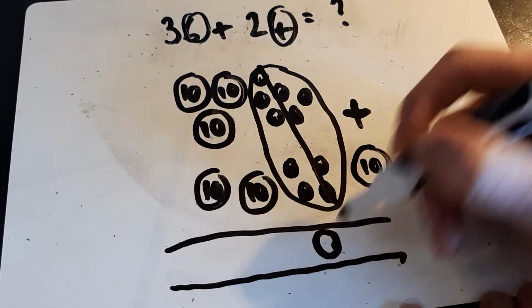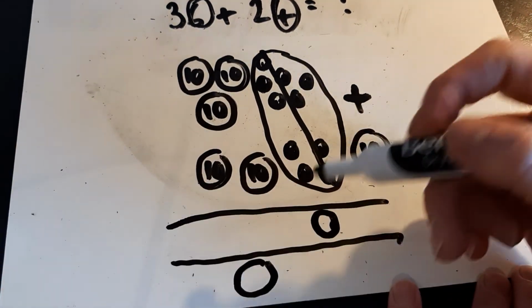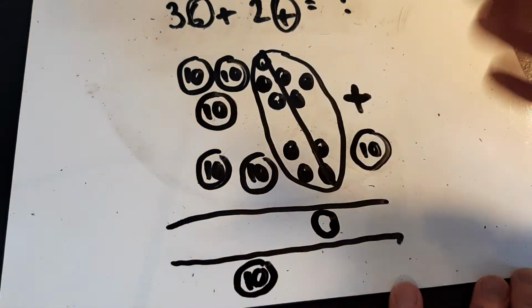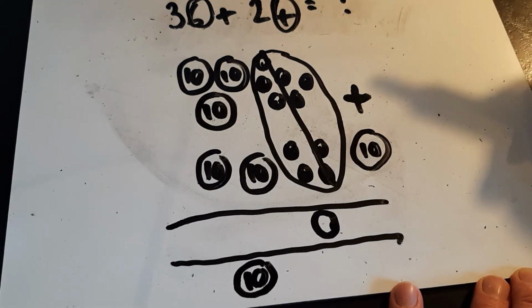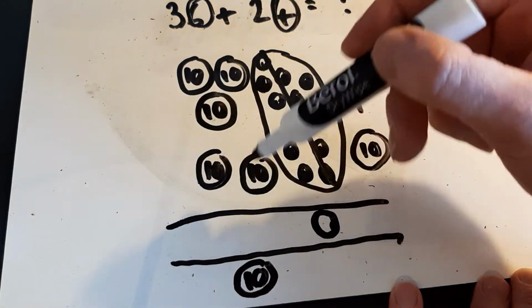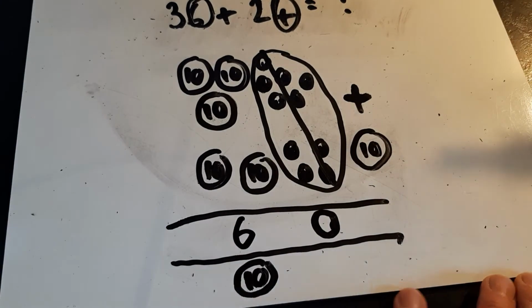So this is your placeholder 0, because that 10 comes over to the bottom here, which is where you get the carrying idea from. It's just an exchanging of all of the ones in the ones column. Then you can see 10, 20, 30, 40, 50, 60, or 6 tens, because this is a tens column.